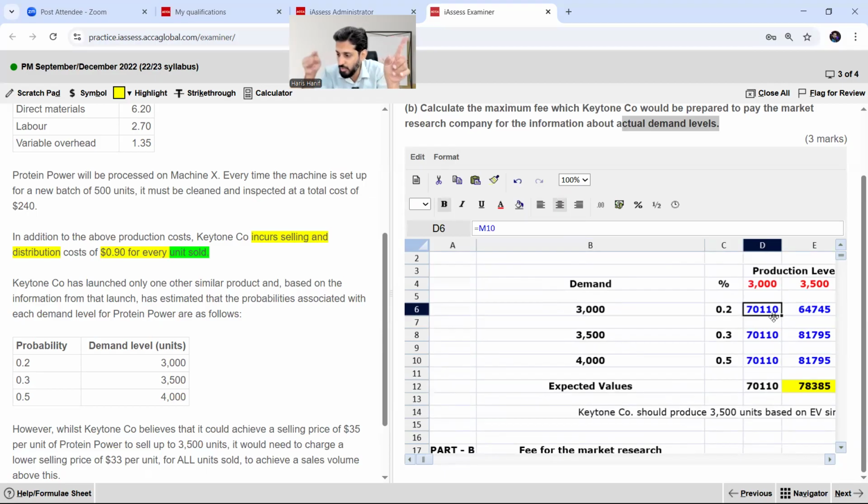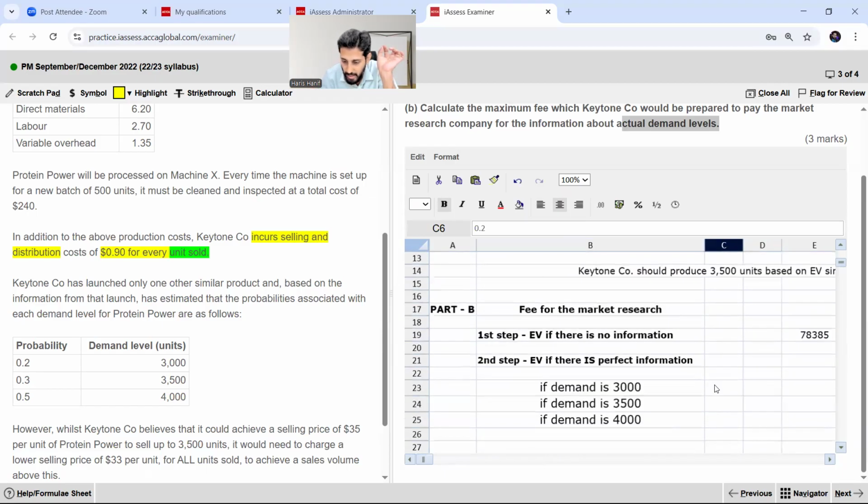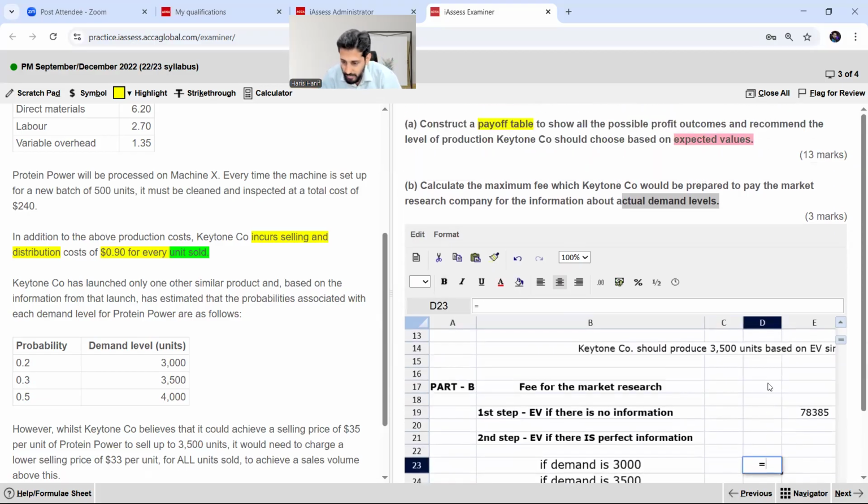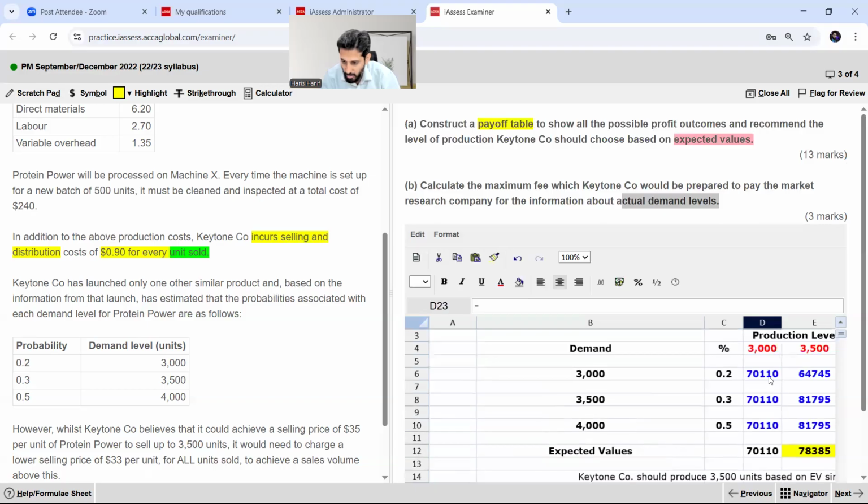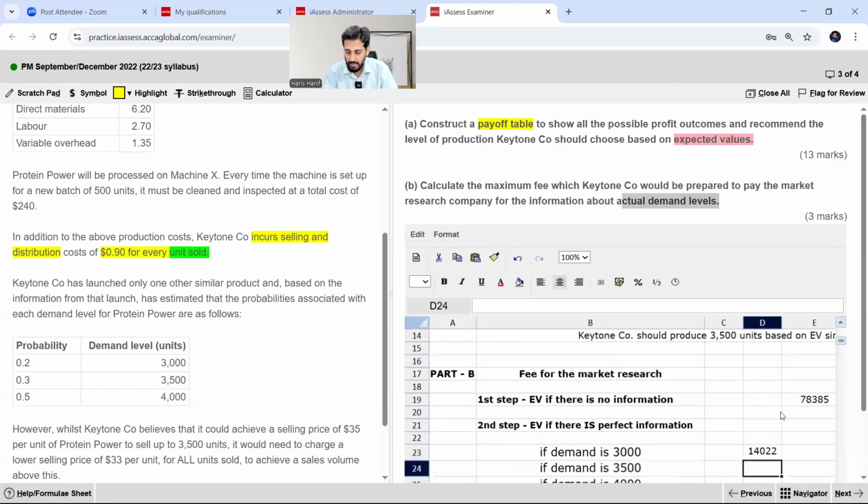If demand is 3000, I should go with this value, 70110, and its probability is 0.2, right? So it is equal to 70110 multiplied by 0.2, got this answer.